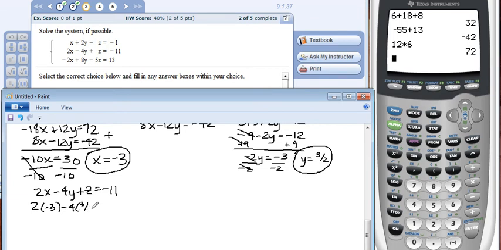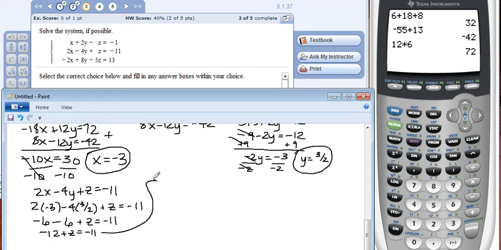I know y is 3/2. Looking for z. 2 times negative 3 is a negative 6. I've got a negative and a negative, so 4 times 3 is 12 divided by 2 is 6. Plus z equals negative 11. That worked out well because this turned out to be a nice whole number. Negative 6 and negative 6 is negative 12.